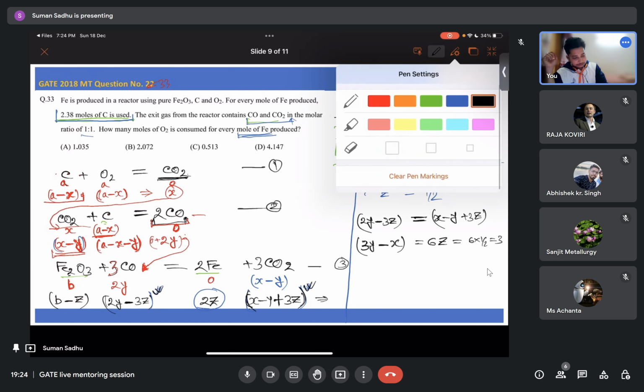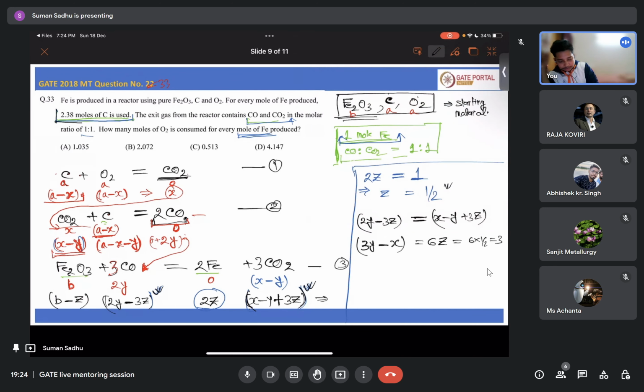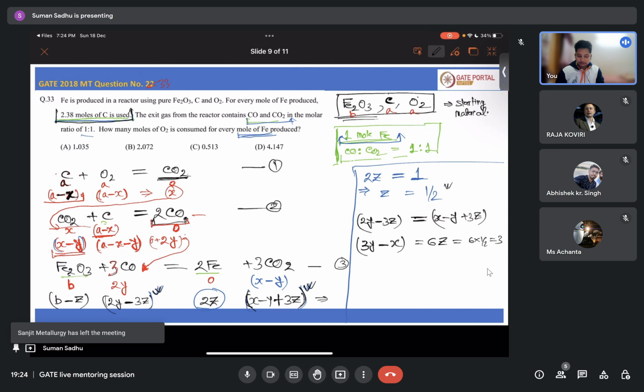Now one more piece of information is given to us, that is the total number of moles of carbon used. Initially carbon was A, now carbon used, that is X mole used in this reaction. In any other reaction is the carbon used?